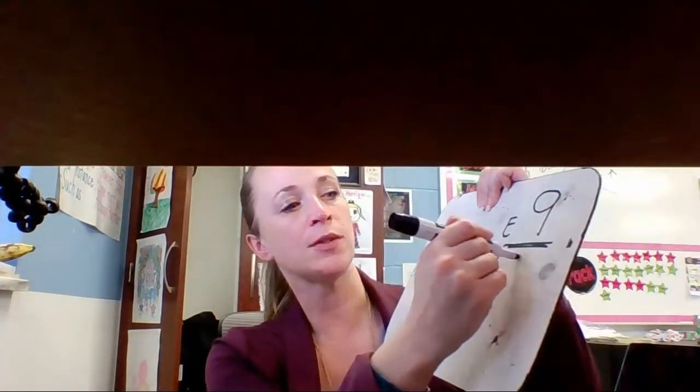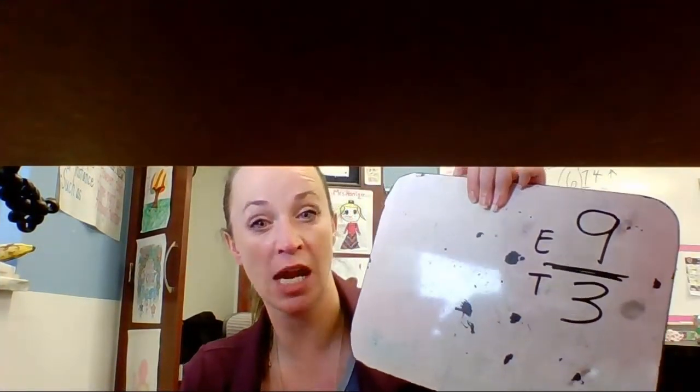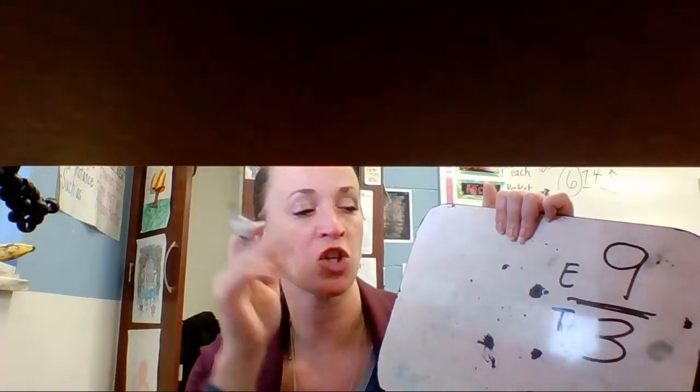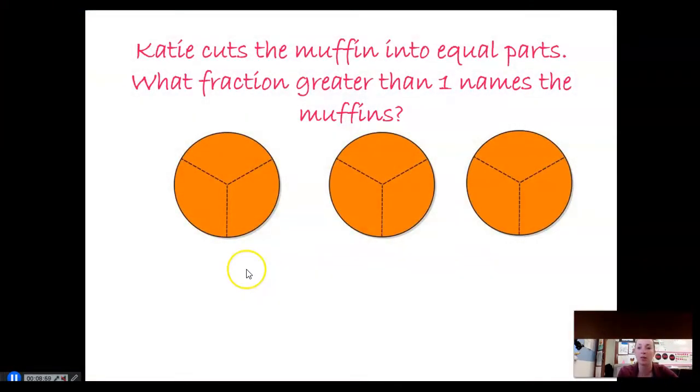So my denominator must be thirds because my denominator does not change. It is the same on every picture, and it is always the first picture. 9 thirds should have been your answer there. If you're struggling with that, you're going to want to rewatch that PowerPoint that I've also posted as a video over this lesson in particular. All right, kiddos, 9 thirds.